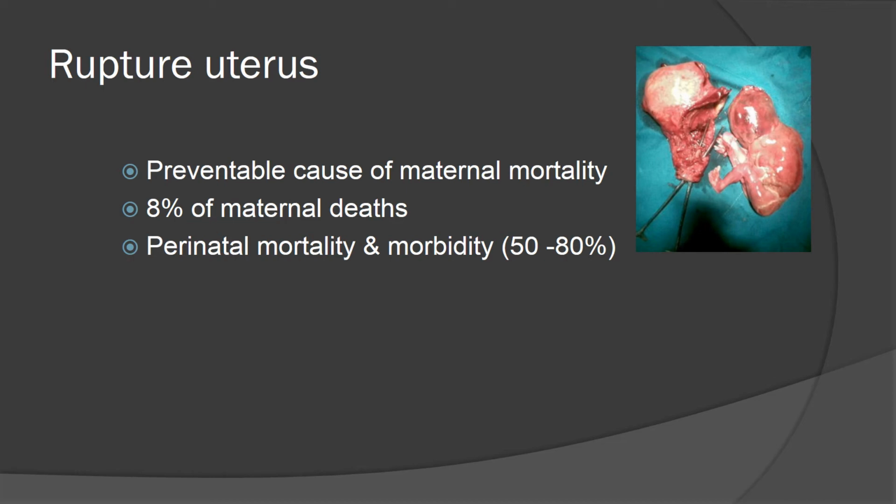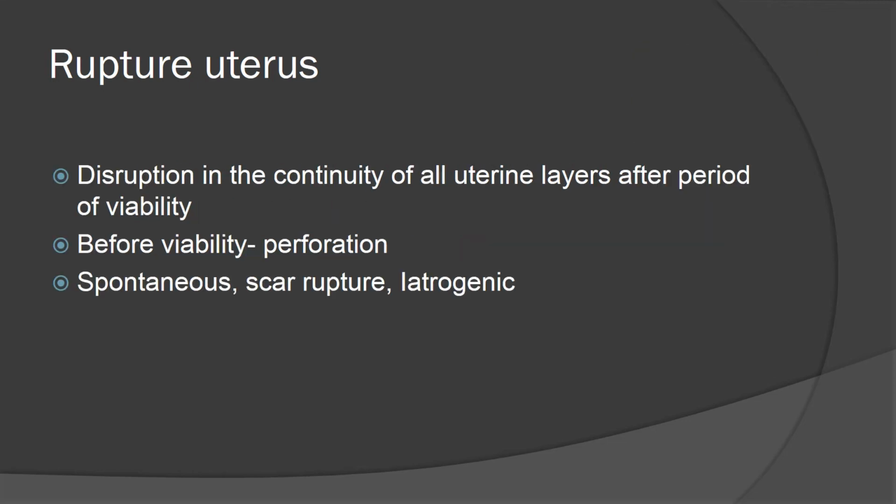But in our country, 8% of the maternal deaths are due to ruptured uterus, and the perinatal mortality is very high, amounting to 50 to 80%. Ruptured uterus, by definition, is a disruption in the continuity of the uterine layers after the period of viability. Before viability, we call this condition perforation.